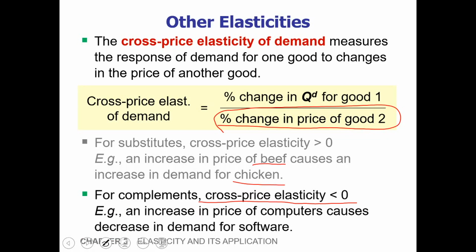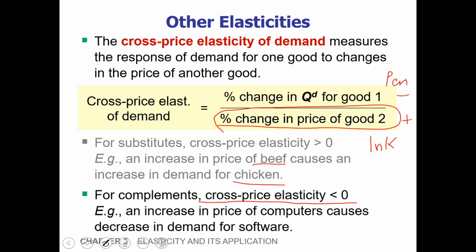Let's say this is ink, and here we have pen. If the percentage change in price of good 2 is positive, that is, the price of ink has increased, then what will happen to the demand for a pen? It must decrease. It must be negative. So see, there is a negative relationship. When the price of good 2, the complement, increases, the demand for good 1 decreases.